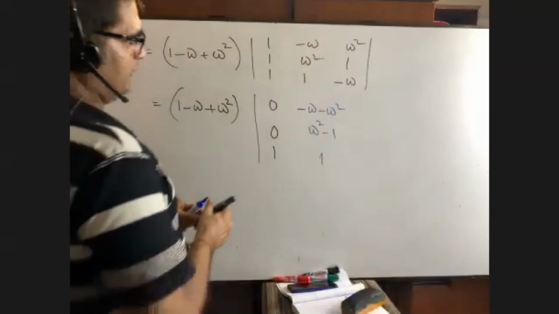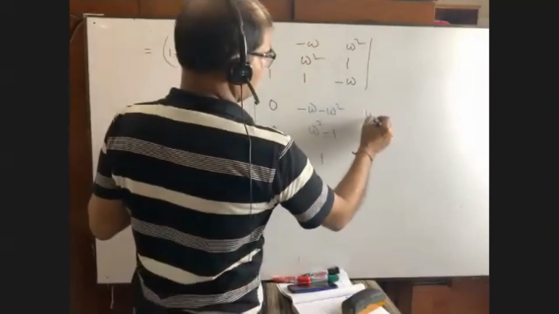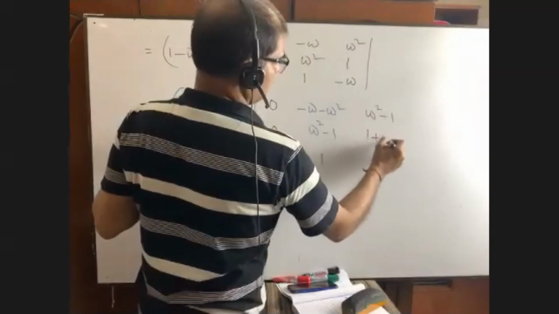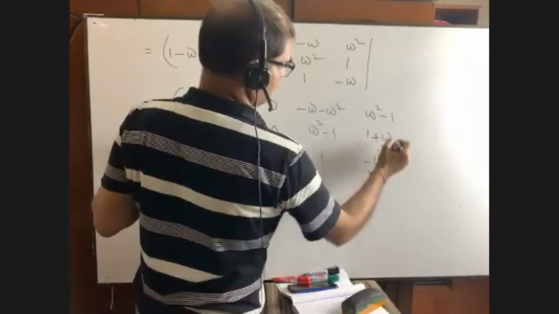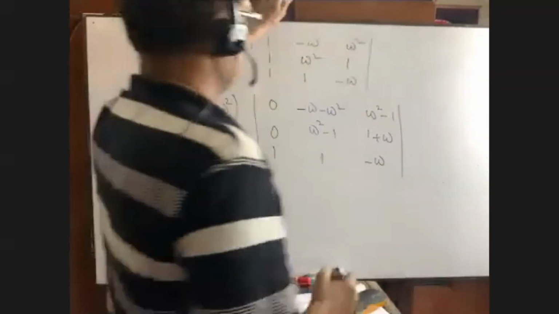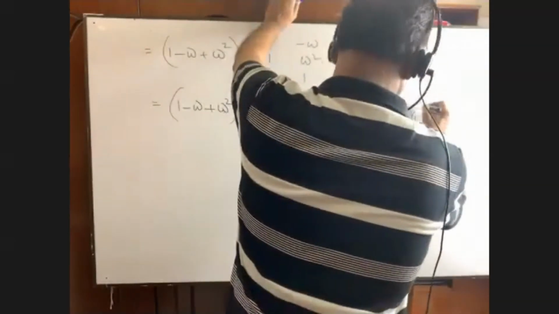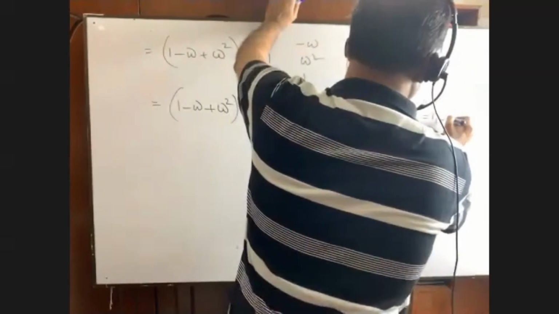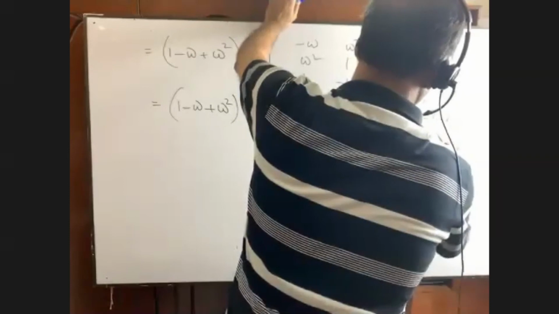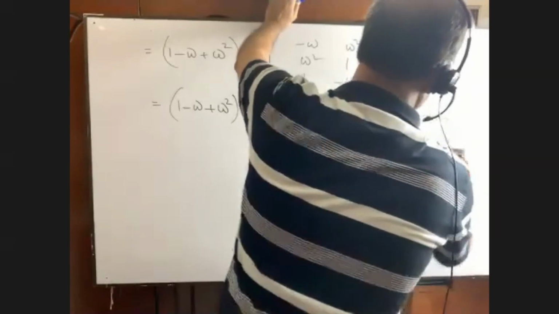We also see omega square minus 1, 1 plus omega. This is minus omega. What I have done here? Row to row. Row 1 is equal to row 1 minus row 2. Row 2 equals to row 2 minus row 3.